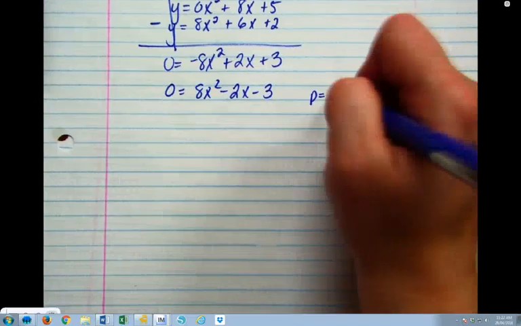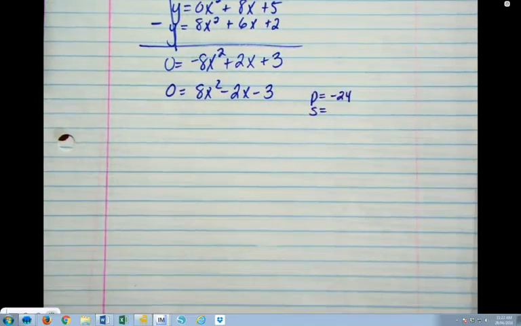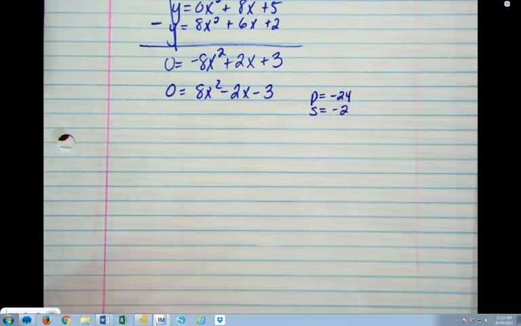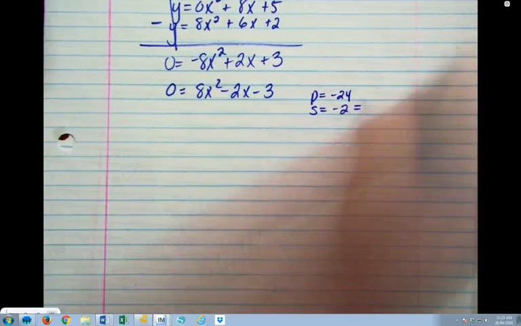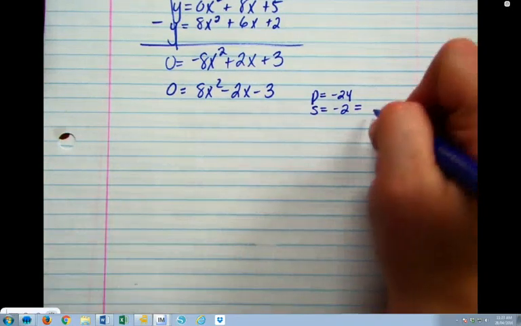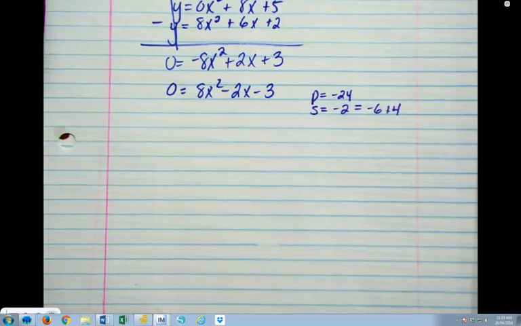Consensus? What sum are we looking for? Factors of negative 24 that give us negative 2? Negative 6 and positive 4.